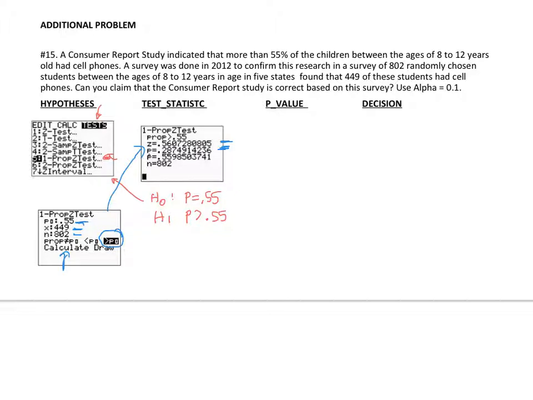0.2874. So our p-value is equal to 0.287, and since the p-value is greater than 0.01, we do not reject.